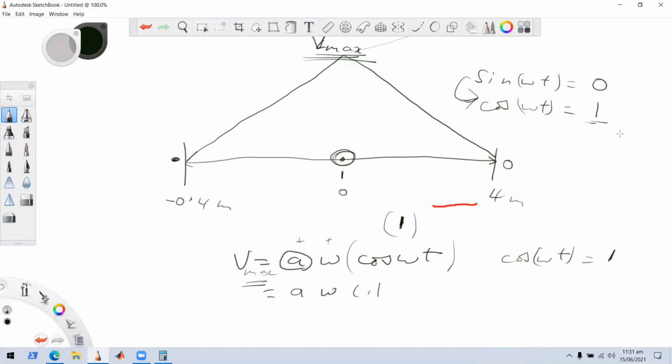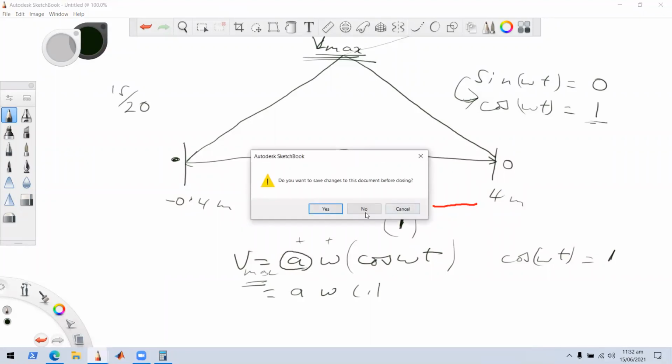So a lot of you got 15 out of 20. If you didn't derive the formula, you probably got 15 out of 20 as well, right? I showed it. All right. Any other questions?